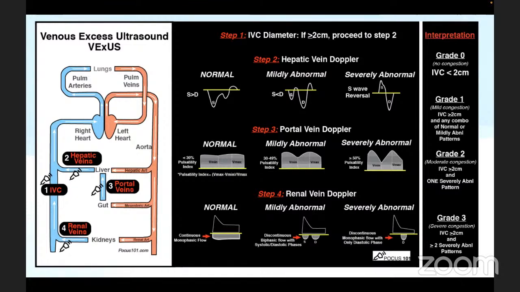We just have to get the waveforms and compare with the waveforms which they have. Since there are no calipers or any measurements involved in this, the inter-observer variability is coming down a bit compared to other techniques. So that is one advantage we have in this VExUS ultrasound.